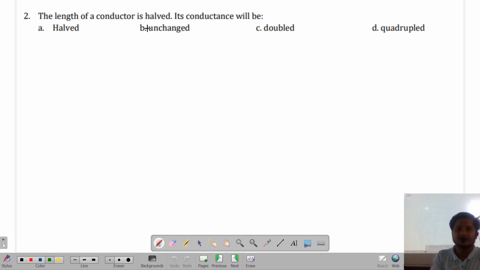Second question. The length of the conductor is halved. The conductance will be? What was conductance? G was equal to 1 by resistance. Resistance is equal to rho L by A. So G will be 1 by rho L into A. If you decrease the length by half, what is going to happen? Conductance will be doubled, yes or no?